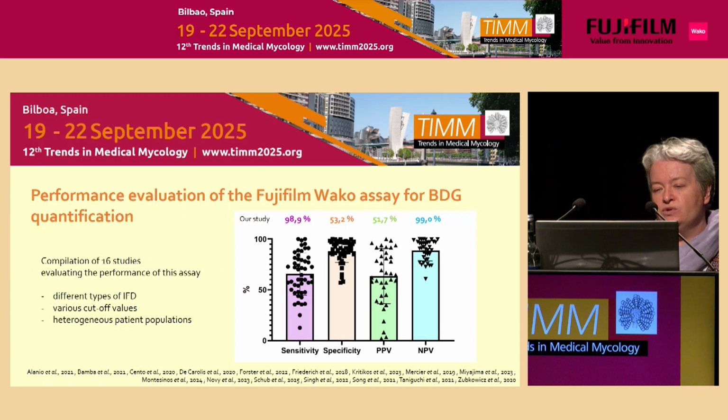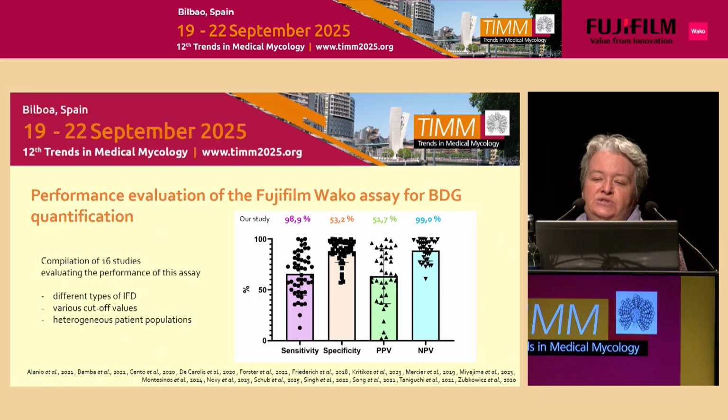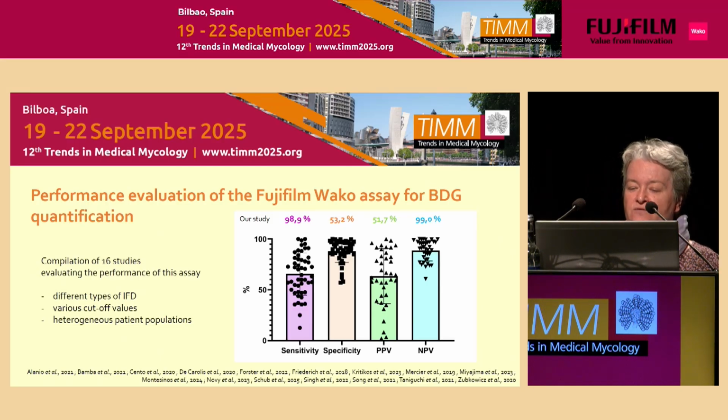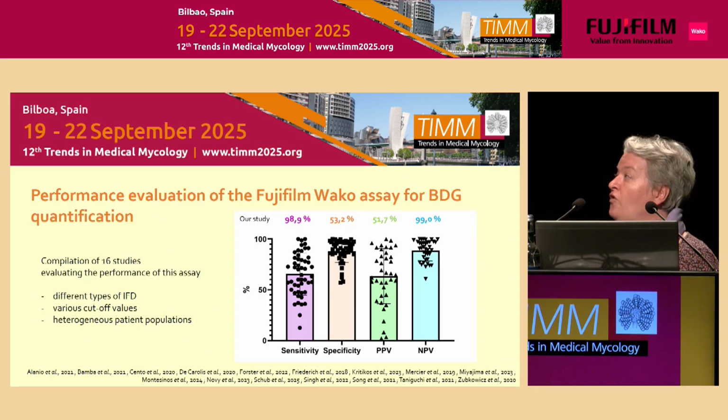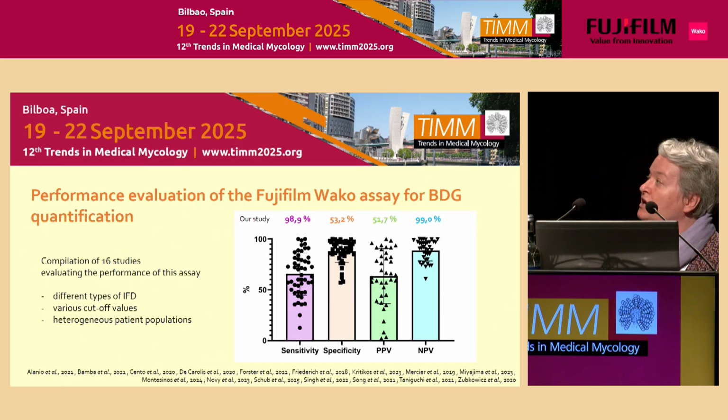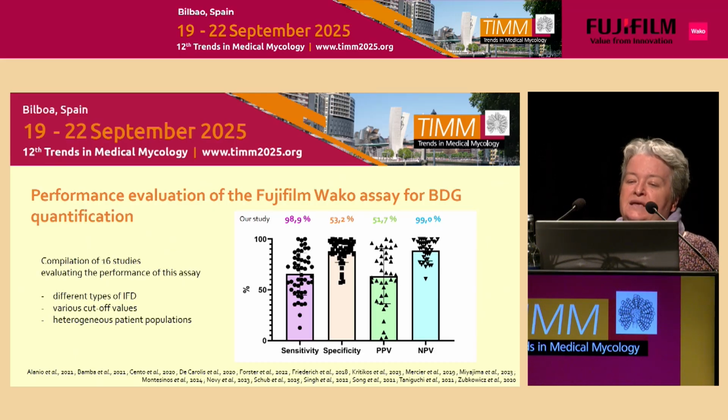In the literature, 16 recent studies describe the performance of the Fujifilm Wako test. Many of them have already been presented. However, these studies focus on different types of invasive fungal infection, sometimes aspergillosis, sometimes candidiasis, or all of the IFIs.